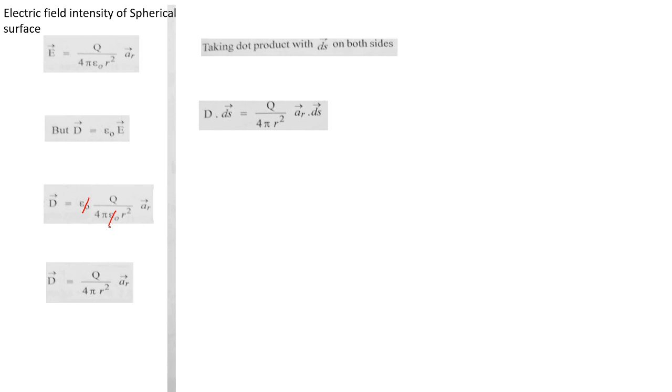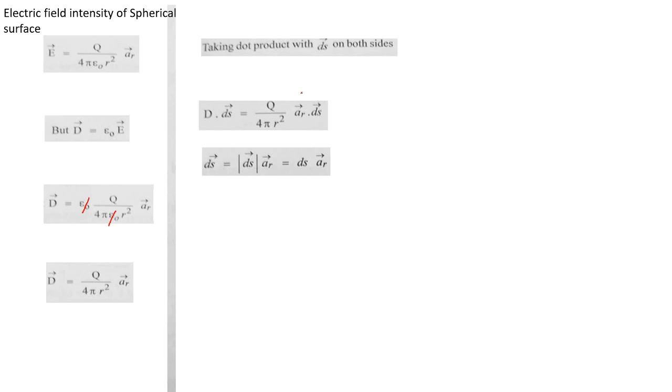D vector dot ds will be equal to Q by 4 pi R square AR vector into ds. Now this AR vector dot ds, both are vectors. In case of vectors, ds vector will also be in the direction of propagation. So we can write ds vector is equal to modulus of ds vector into AR vector.